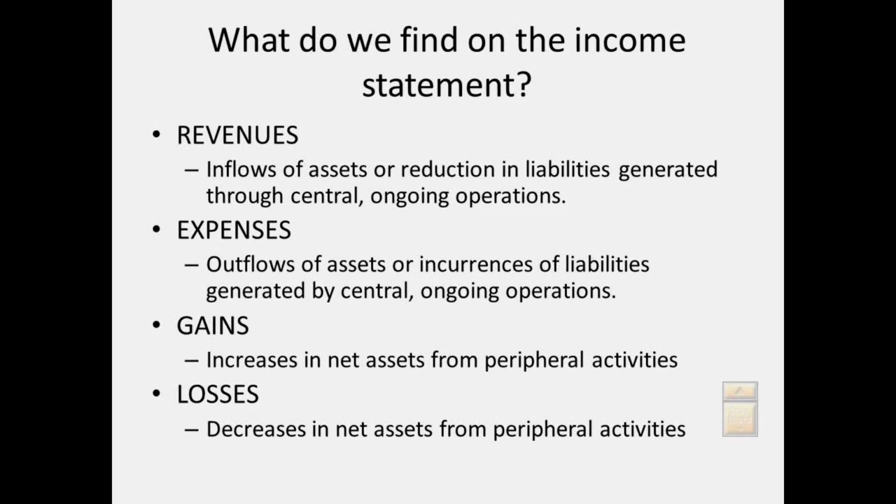Okay, so what are we going to have on our income statement? We're going to have revenues. You know about these, right? This is the stuff that increases our assets or reduces our liabilities. Typically, we call revenues those activities which are part of our normal core operation. Okay, we're going to contrast that with gains, which also increase our assets or decrease our liabilities.